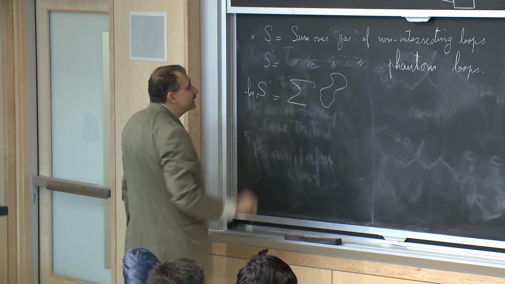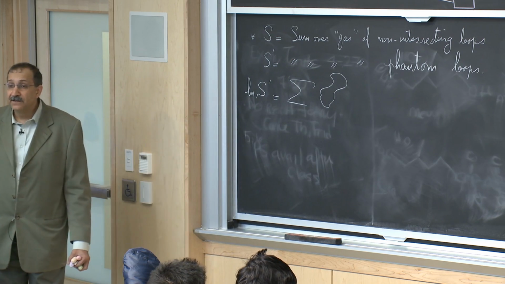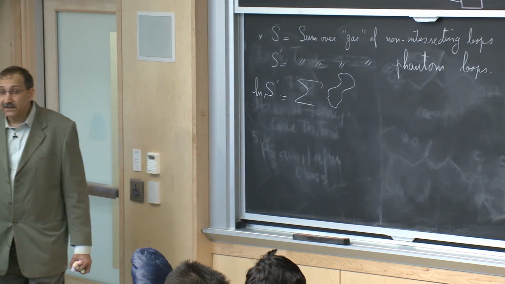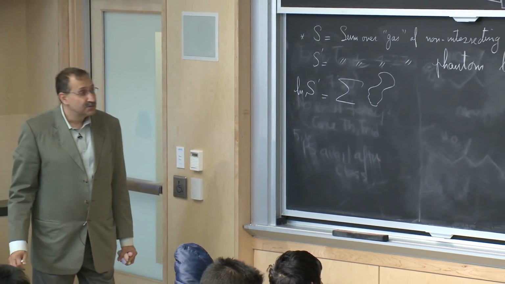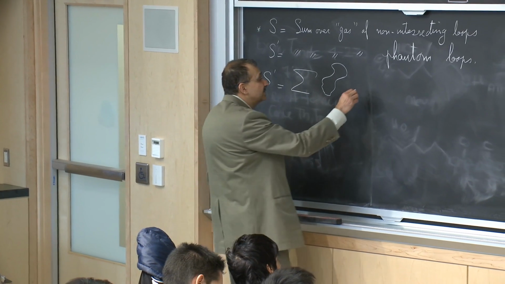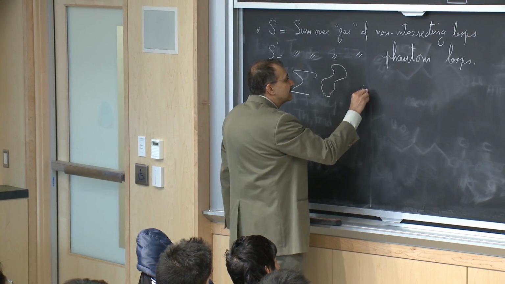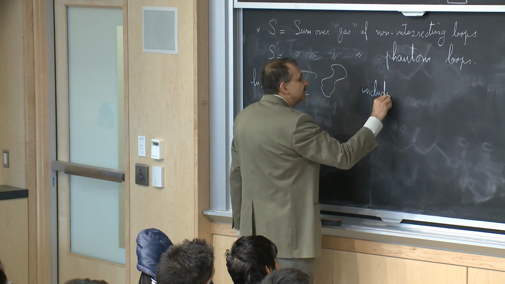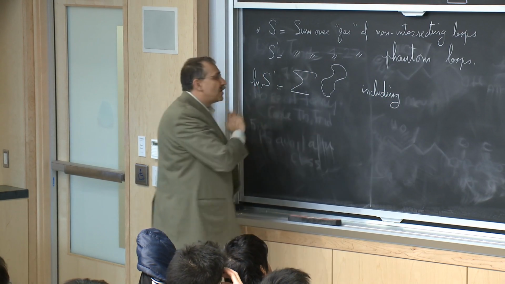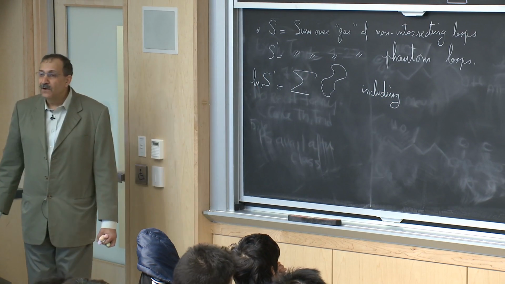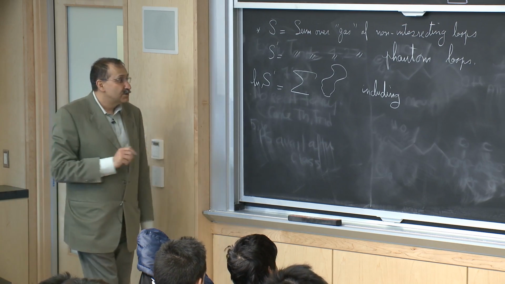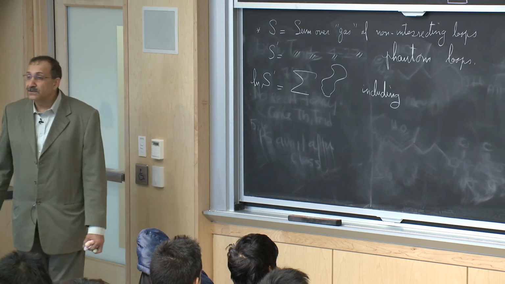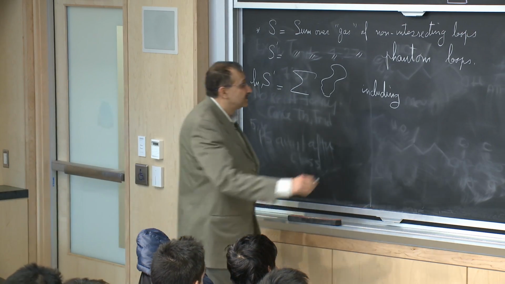Now, since I'm already making this mistake of forgetting about the intersections between loops, I'm going to make another assumption. That is, in this sum of single loops, I already include things where the single loop is allowed to intersect itself.